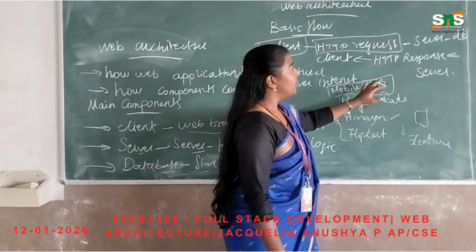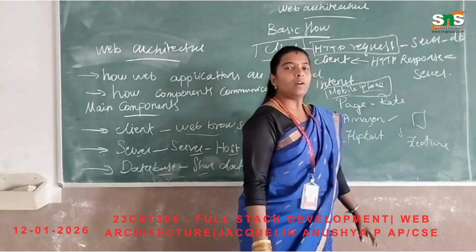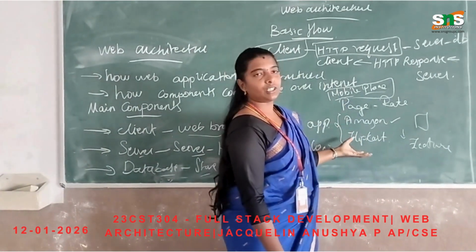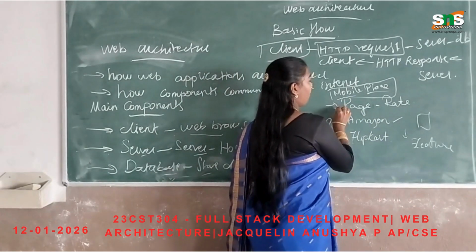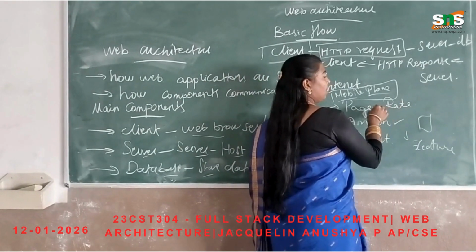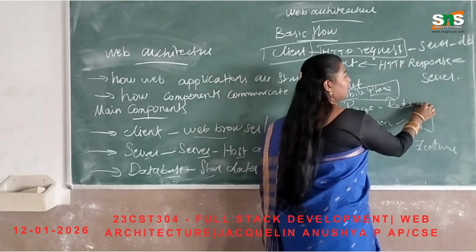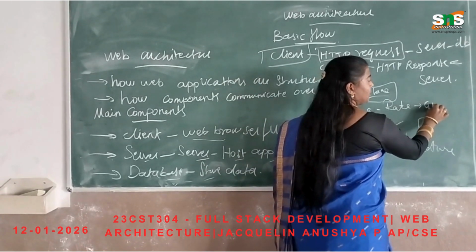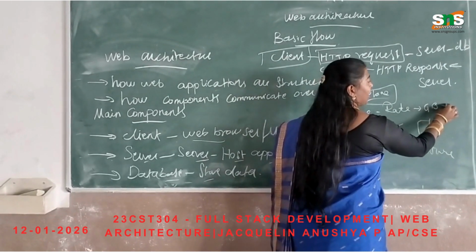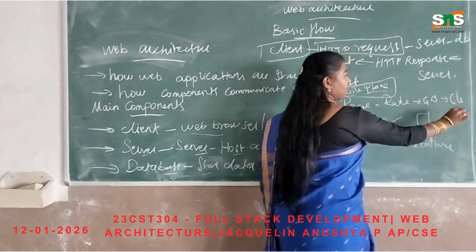And next, what am I doing? The server and database. What happens when it searches? It will ask for the rate, the number of GBs, how many GB you need, your color requirements, your specifications.